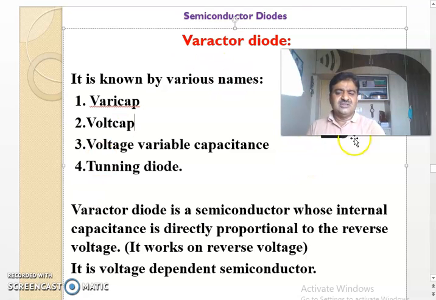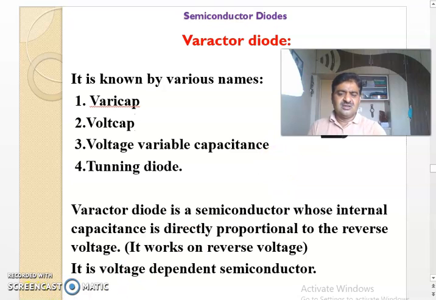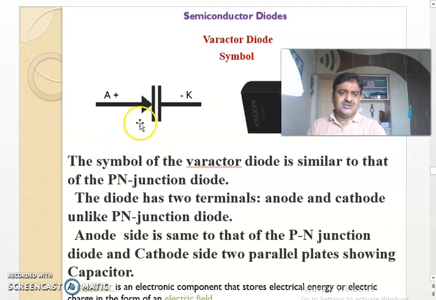So remember, this is a voltage dependent semiconductor. It can be identified by different names: varicap, volt cap, voltage variable capacitance and tuning diode. This is the symbol of the varactor diode. You see, this electrode is the anode and this one is the cathode.